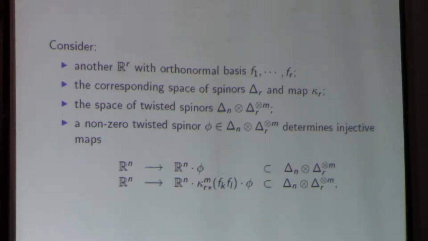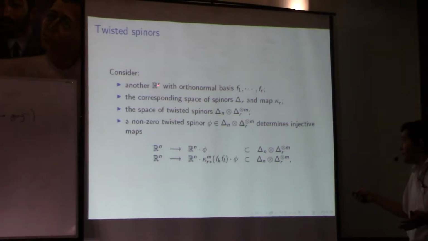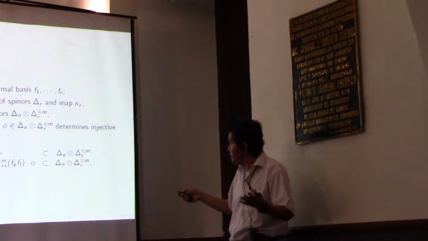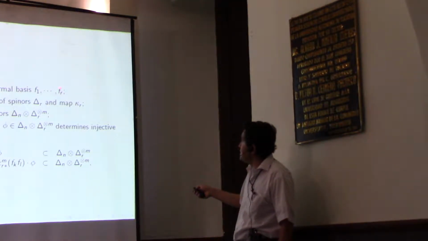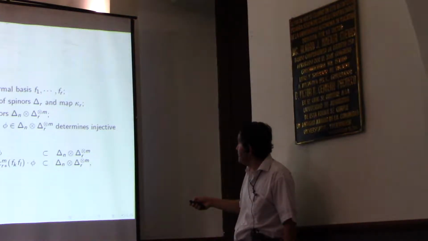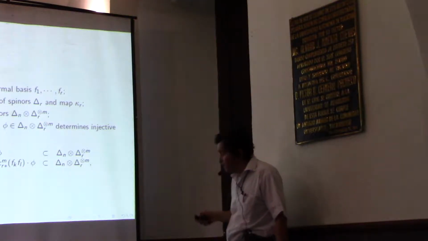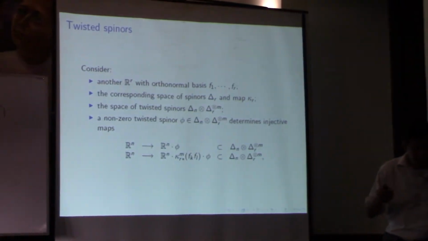Okay, this notation is very tiring. So essentially, when I introduce the new factor Spin r, I'm thinking that I have another factor R to the r, and it generates a Clifford algebra, generates a spin group, and so on. So take a frame of this R, denoted with Fs. And here is the geometrical part analogous to that of Cartan's pure spinors.